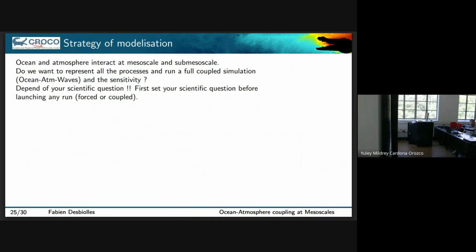If we are interested in those kinds of processes, and we've seen that those RC interactions are also important for the mean state and mean variables for the ocean and the atmosphere, do we really want to represent all those processes in a fully coupled simulation and do sensitivity tests, etc.? So that depends on the question.